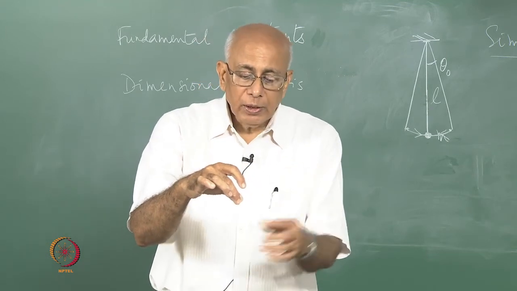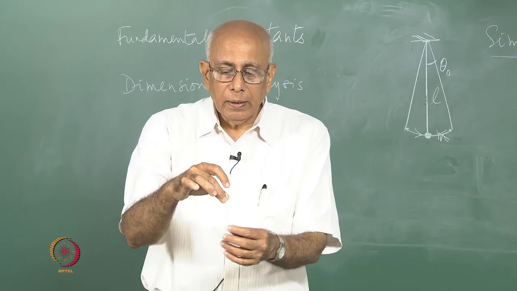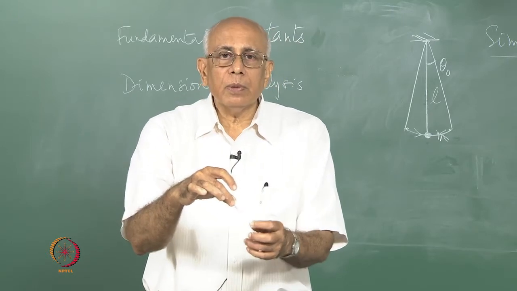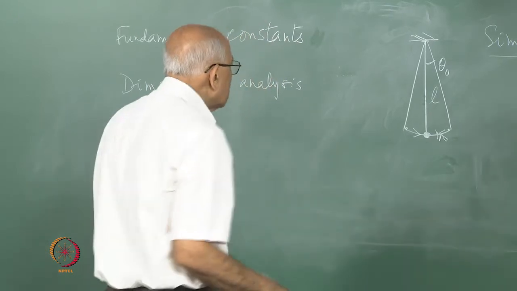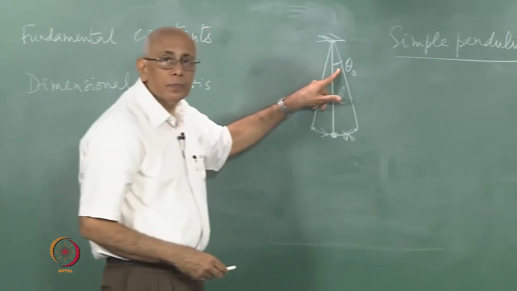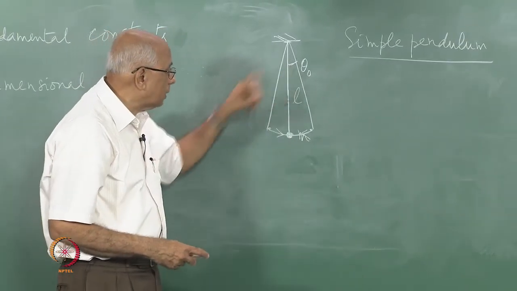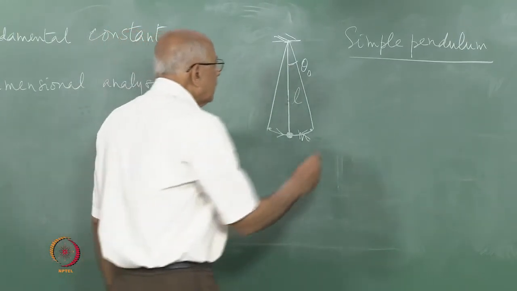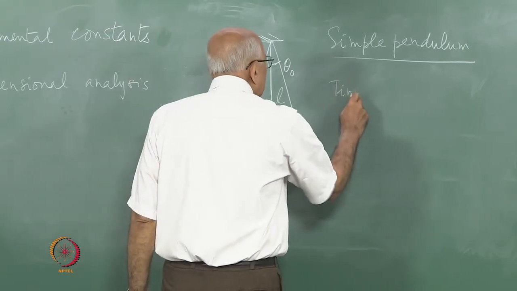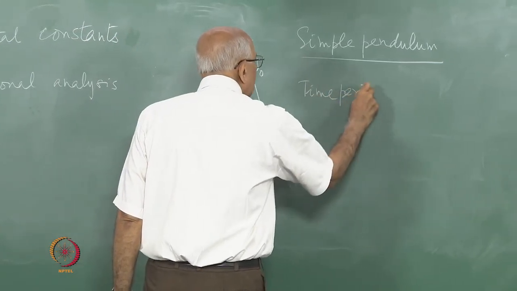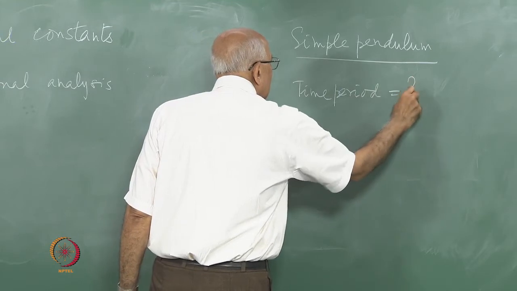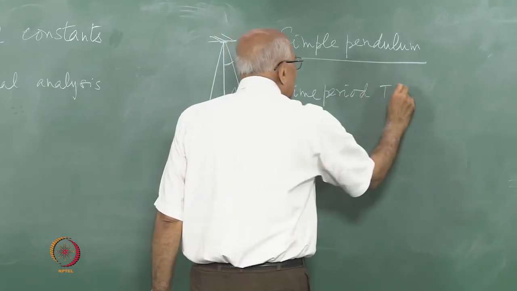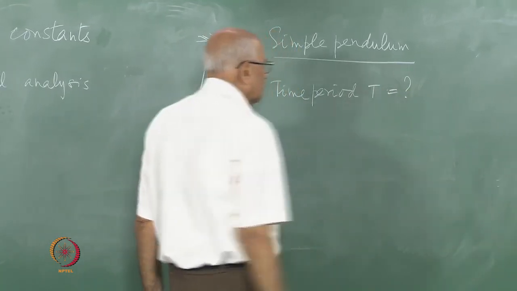And if I neglect friction and include only gravity, then this oscillation will continue forever, and this is the amplitude of oscillation. We will come back to the role of this theta naught here, and the question asked is what is the time period? Time period, and let us call it t, and what is this equal to?